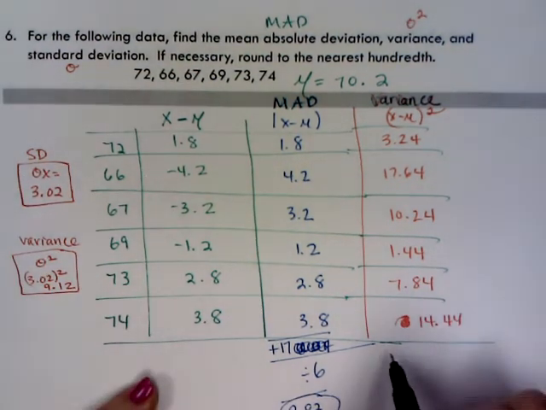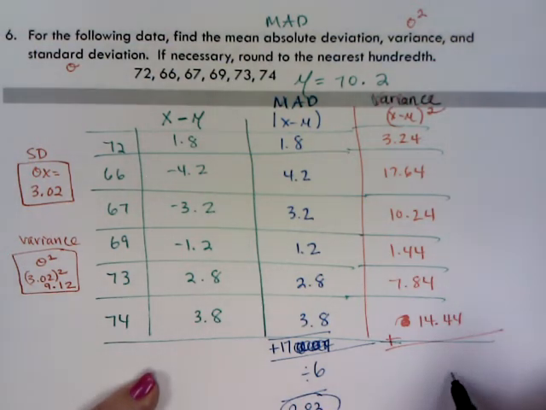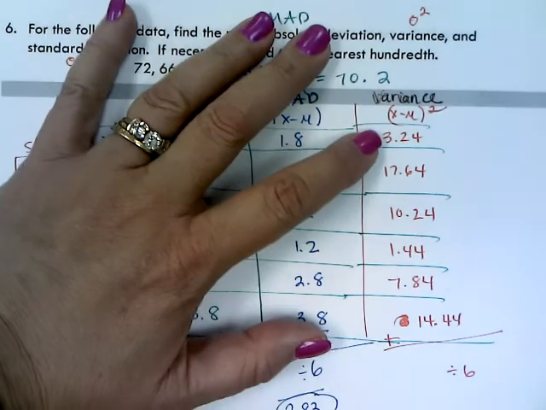So now again, I add up that whole column and then divide by 6.